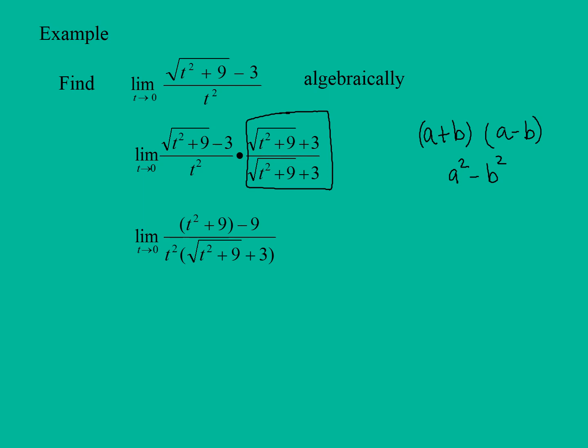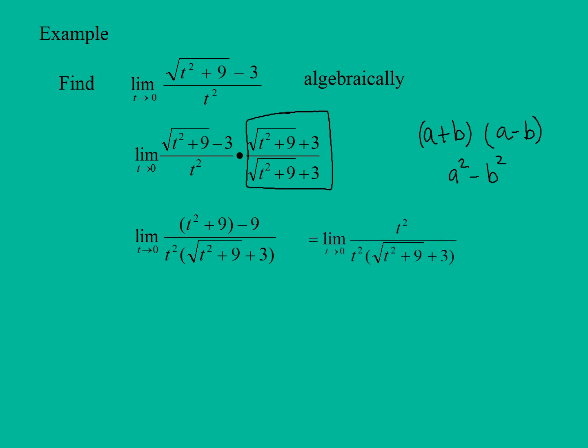Now what this does, when we multiply the numerator, we'd have the square root of t squared plus 9 times the square root of t squared plus 9 gives us t squared plus 9. The two middle terms cancel, and then we'd have negative 3 times 3 is negative 9. And then we just multiply the denominators together.